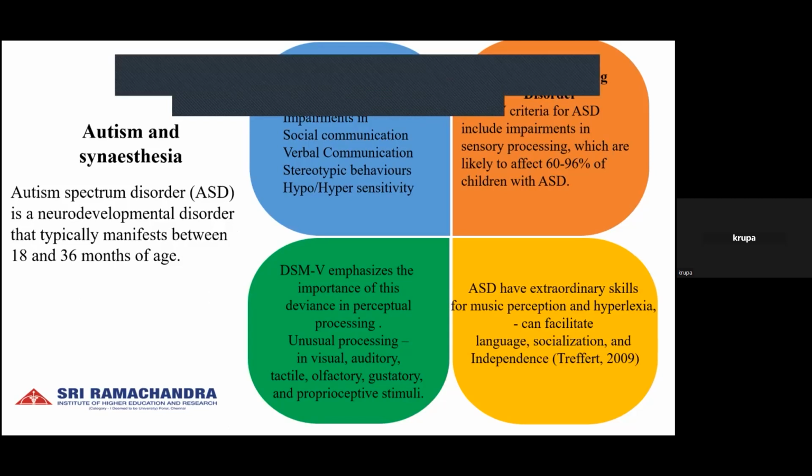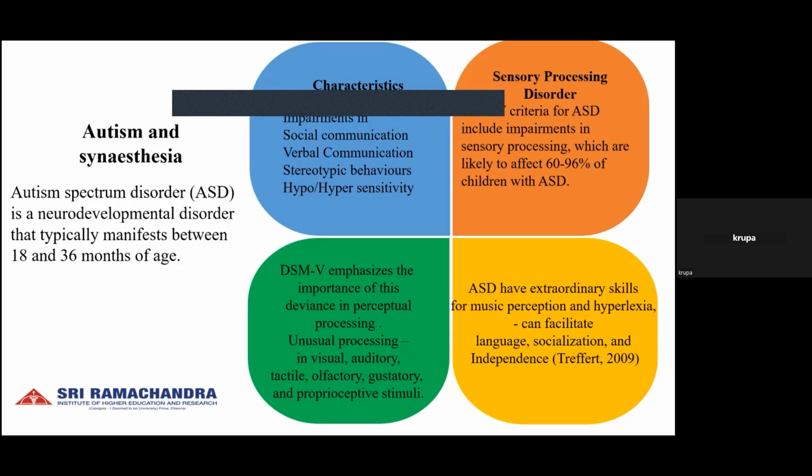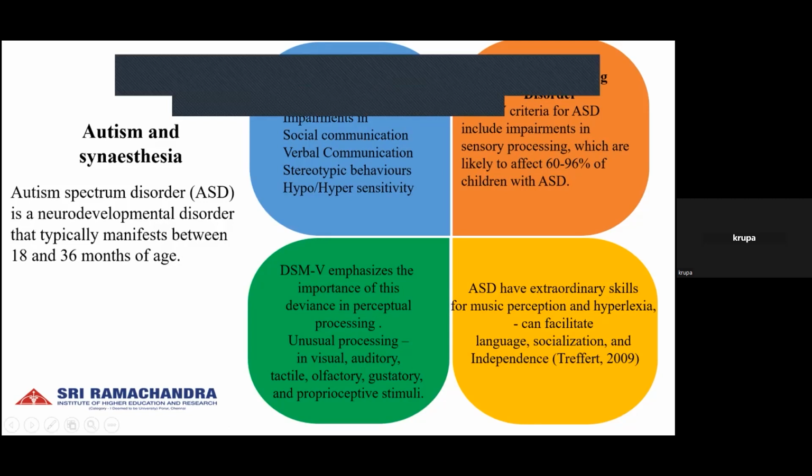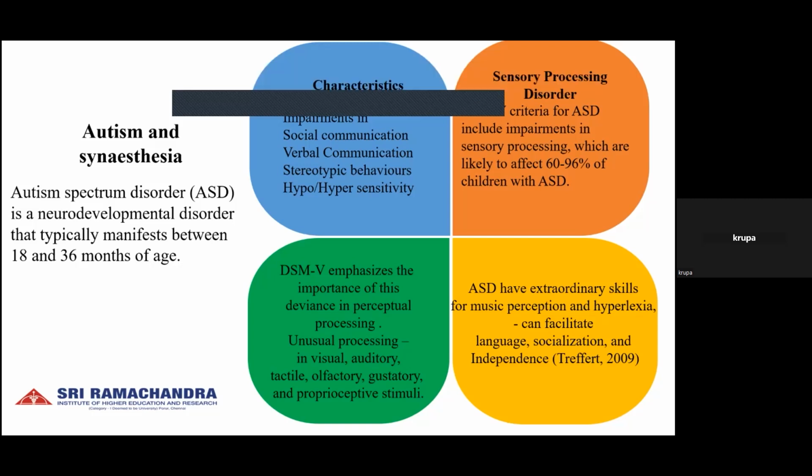But then, thanks to DSM-5 for including hyper and hyposensitivity, which is a marked behavioral characteristic of individuals with autism. Reports from the literature state that 60 to 96% of children in the autism spectrum have some sort of sensory processing disorder.